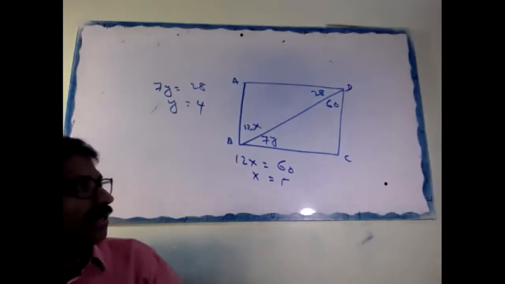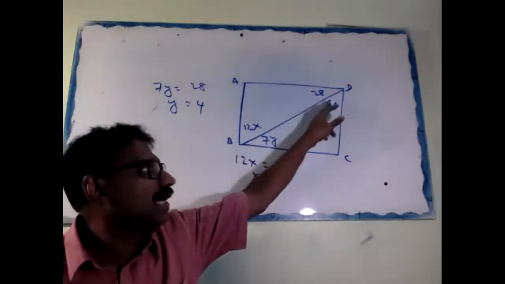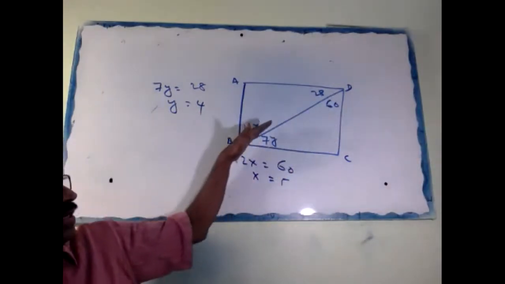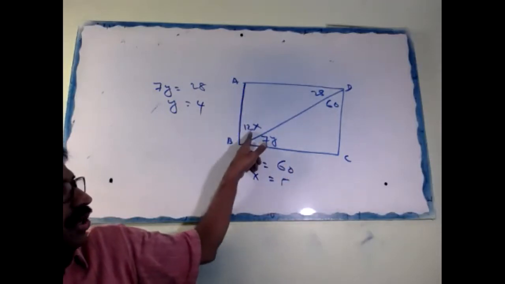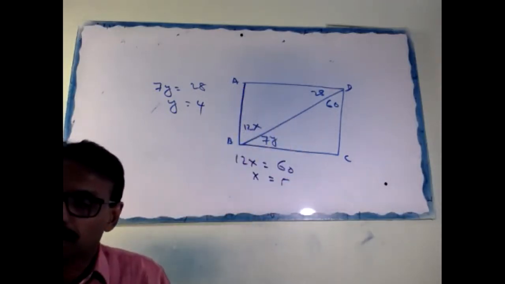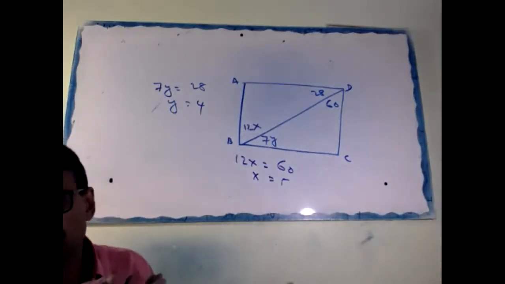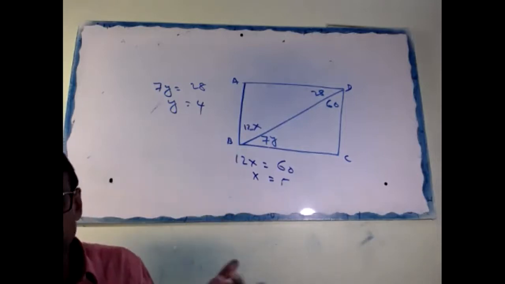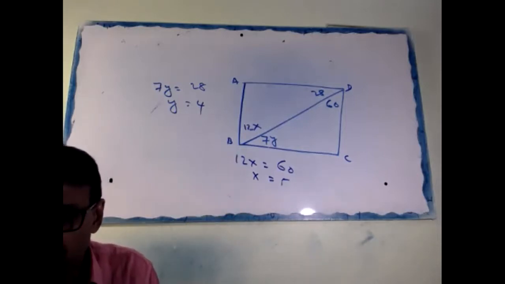Question is what? 12x, 7y. Here 28, here 60. You know, this line AD is parallel to BC. So 12x equal to 60, alternate angles. If not getting, tell me. I'll explain that. We have enough time. We will finish almost all chapters now, then throughout revision only.